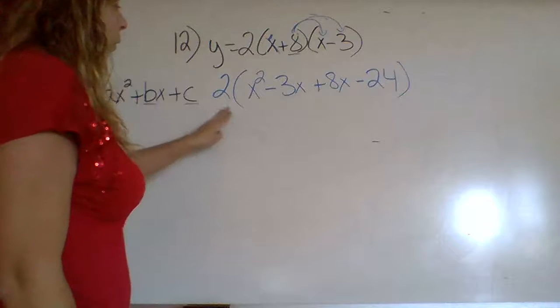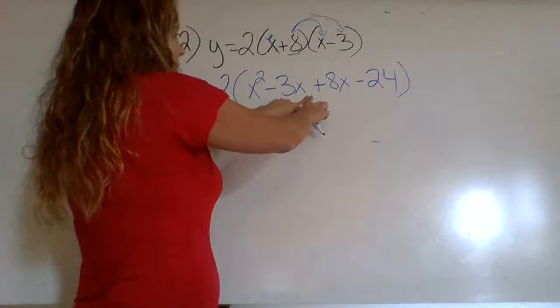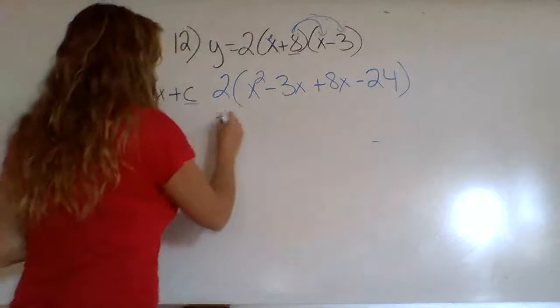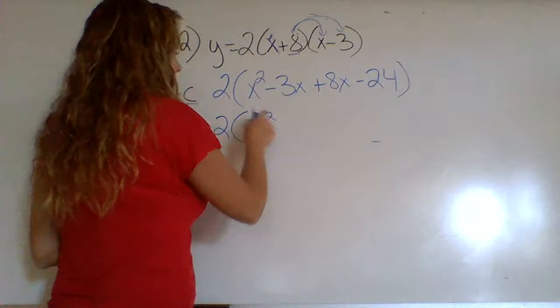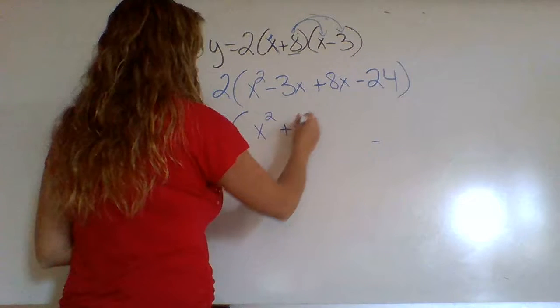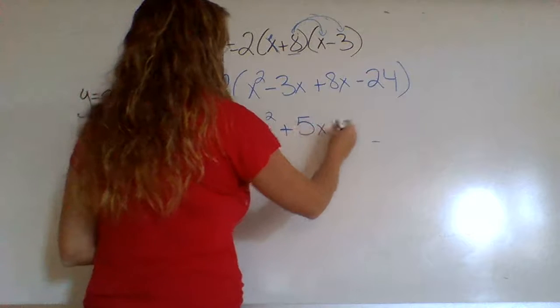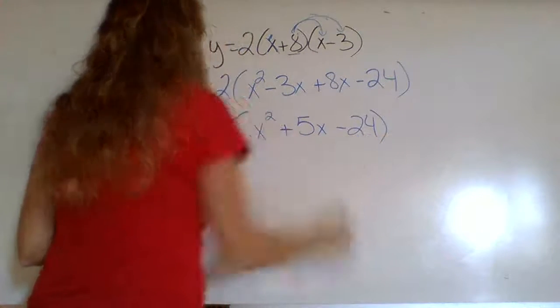You could go through and multiply by your 2, but I'm going to combine my like terms first. So I'm going to leave the 2 on the outside a little bit longer. So x squared, negative 3x plus 8x is 5x, minus 24. There.